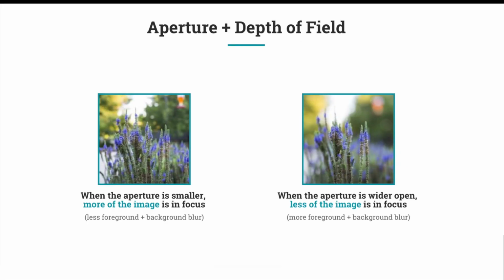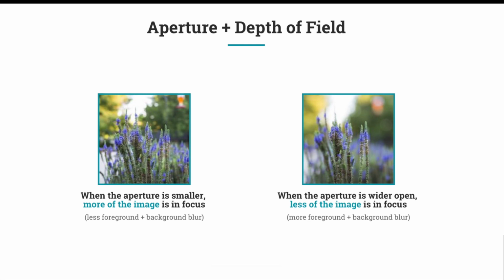When we're talking about depth of field, we're essentially talking about how much of your image is in focus in both the foreground and the background. The key takeaway here is that when your aperture is smaller, more of your image is in focus. Keep in mind, I'm not saying that the number is smaller. I'm saying that the aperture itself is smaller.